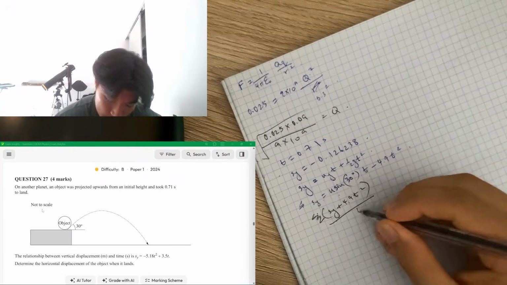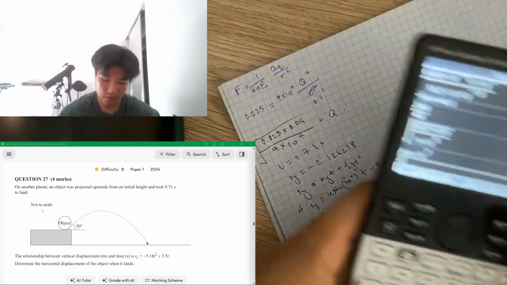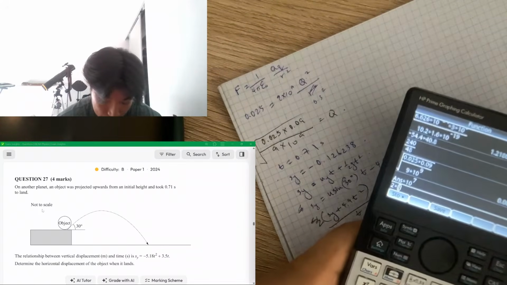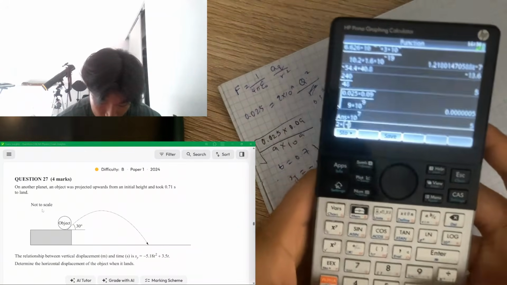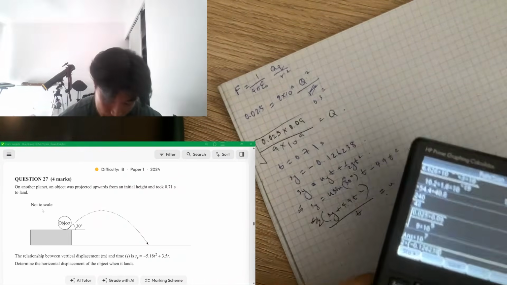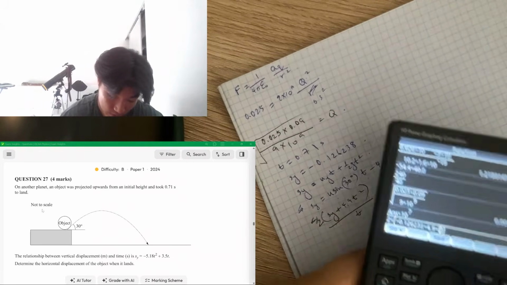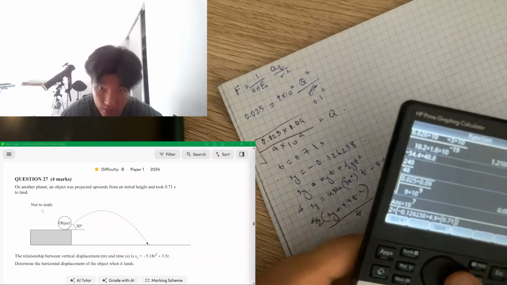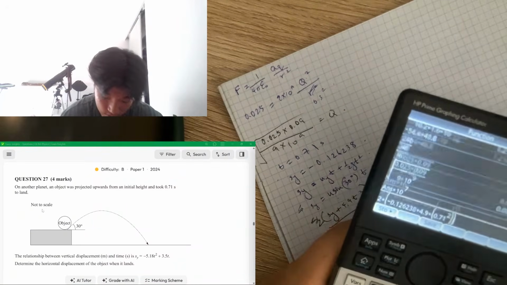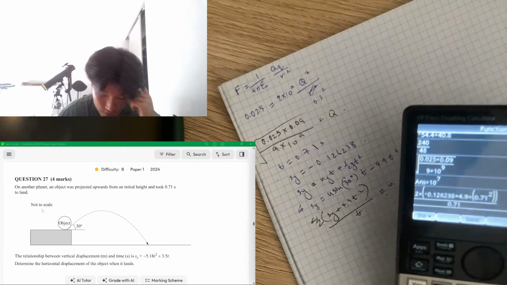You're dividing it by t, and that's u. Okay, let's see if that equals our answer. What we got, 0.26238 plus 4.9, and then t squared, which is 0.71 squared. And then we're dividing this entire thing by 0.71. No, it isn't.